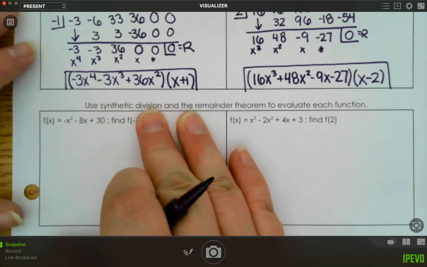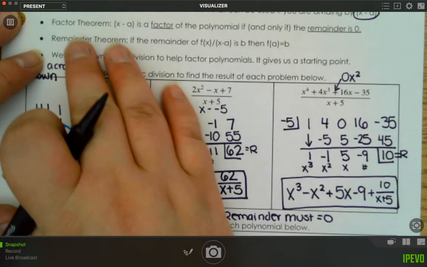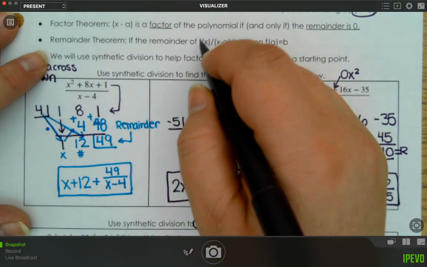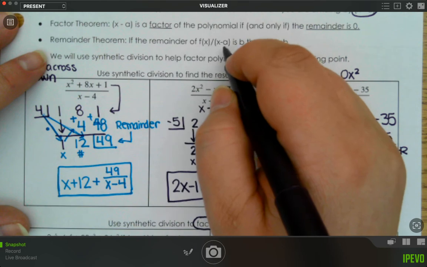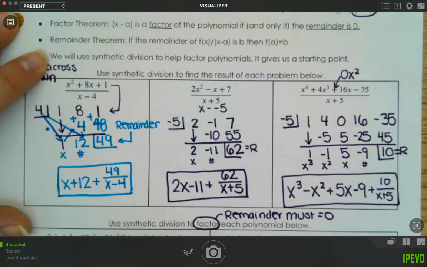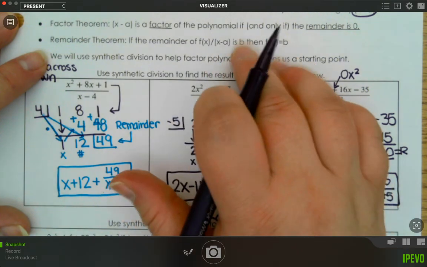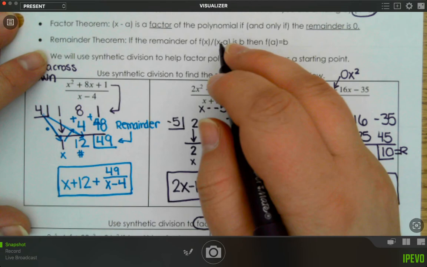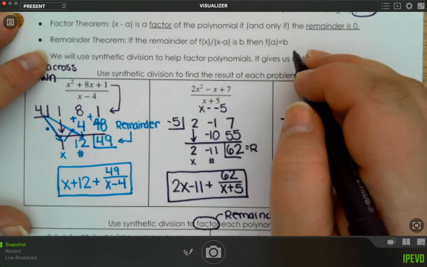So what we're going to do, and I'm going to scroll back up, is use the remainder theorem. So if the remainder of f of x divided by x minus a, so same kind of thing we were just doing, is a number, I'm going to call it b, then the value of the function at that value is b.